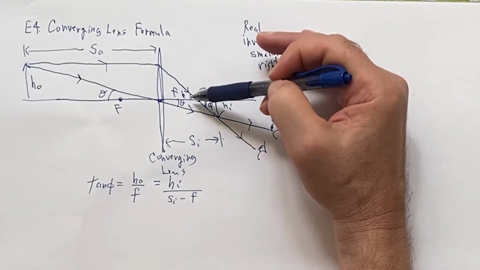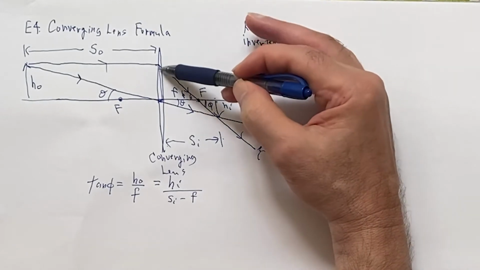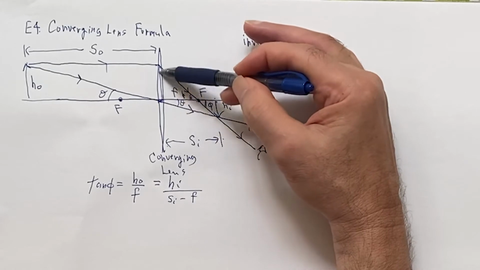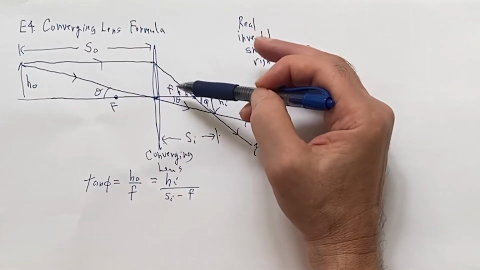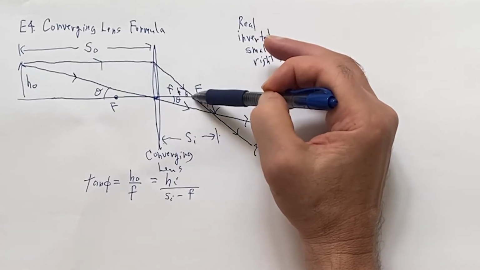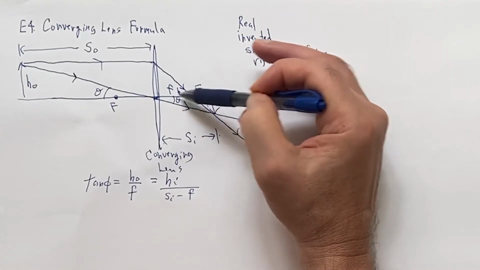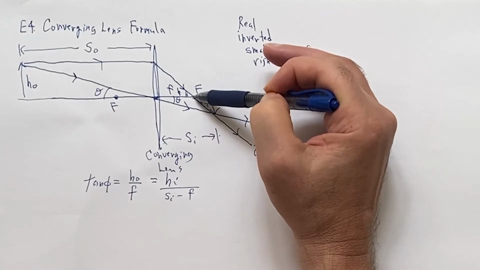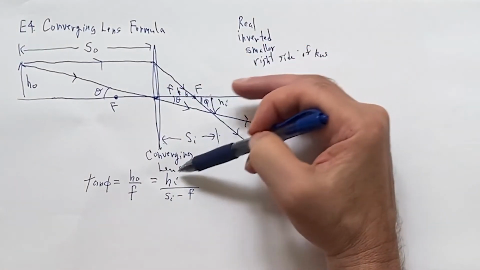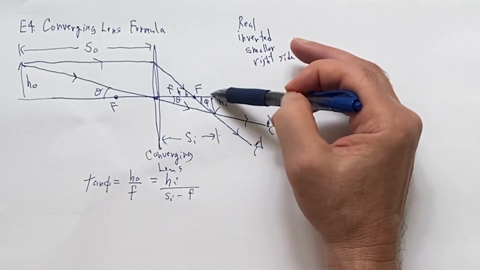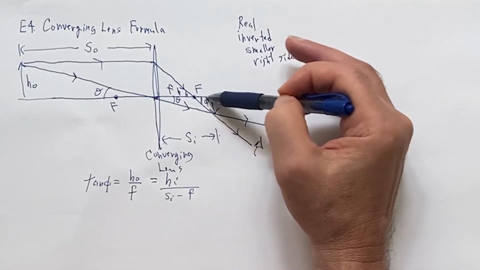So the tangent of phi is the vertical height here, which is HO, and you divide by the run here. This is your F. And then on this side, you have HI over SI minus the F to get this little piece in here.